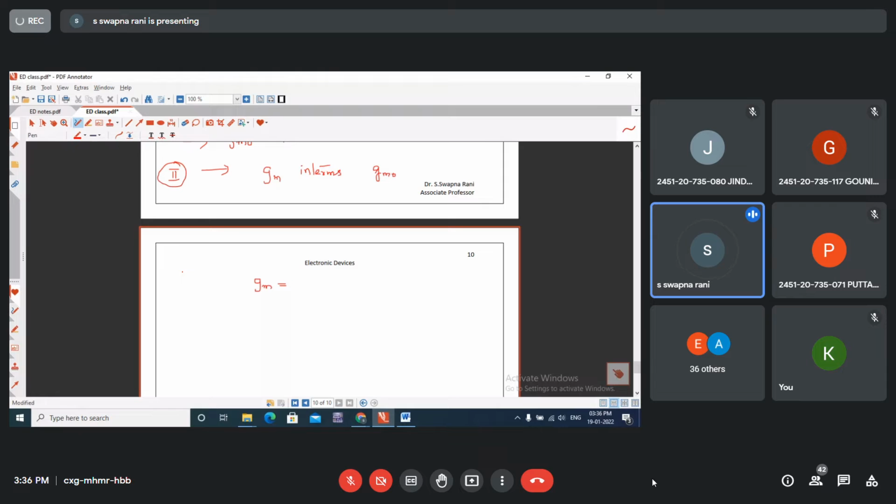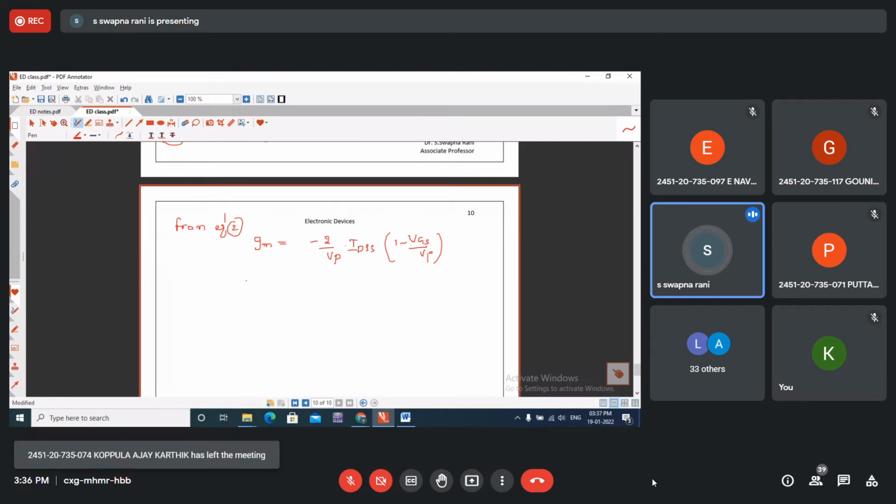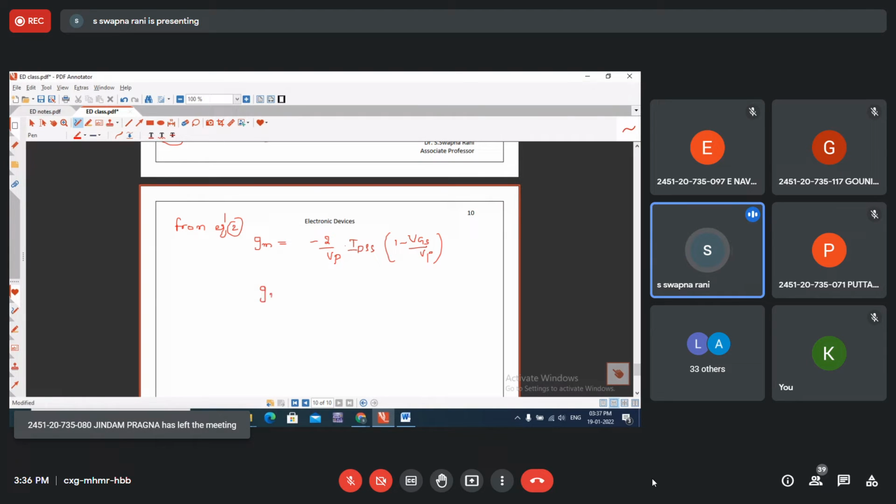So from equation 2, I will once again write that equation 2: GM equal to minus 2 by Vp into IDSS into 1 minus VGS by Vp. So what is GM naught? GM naught is nothing but the transconductance GM with VGS equal to 0.